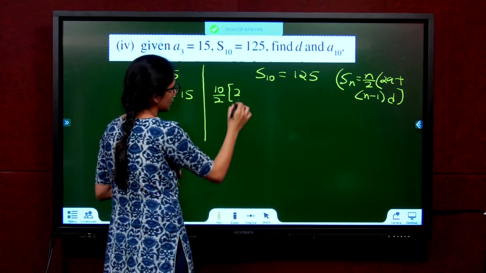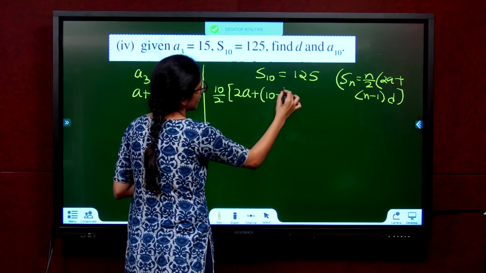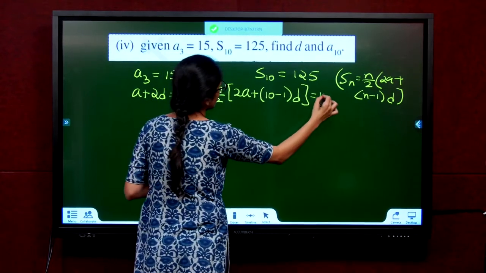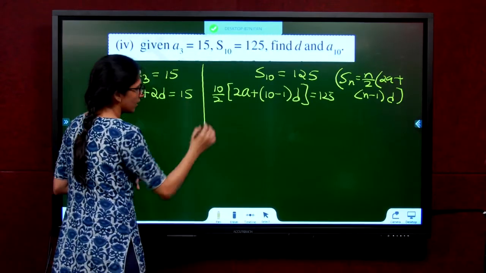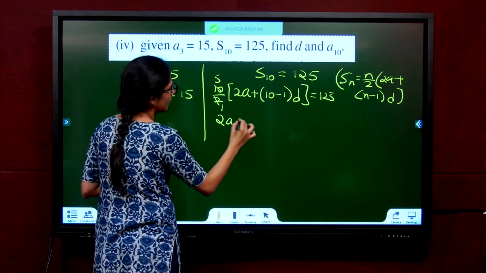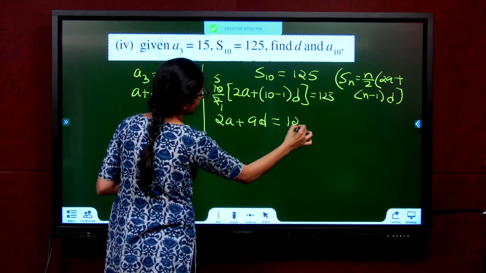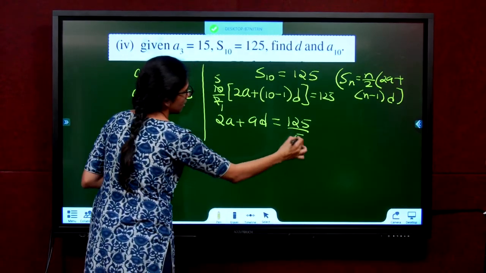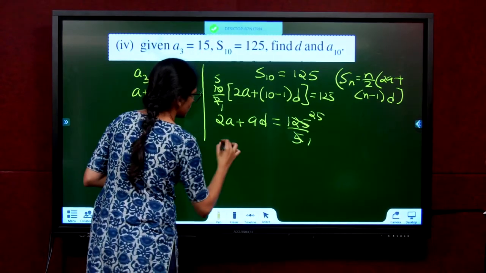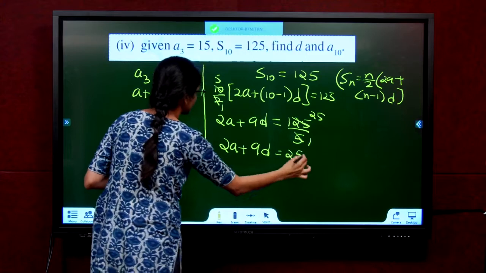No. Into 2A plus 10 minus 1 into D equals 125. 2 ones are 2, 2 fives are 10. Send the 5 down. 2A plus 9D is equal to 125 by 5, which is 25. So 2A plus 9D is equal to 25.